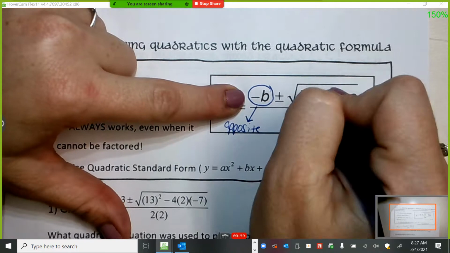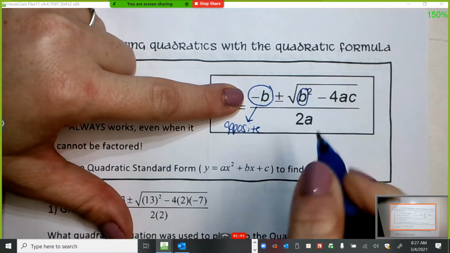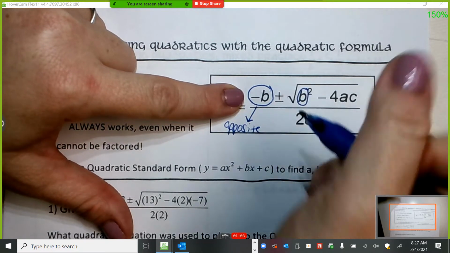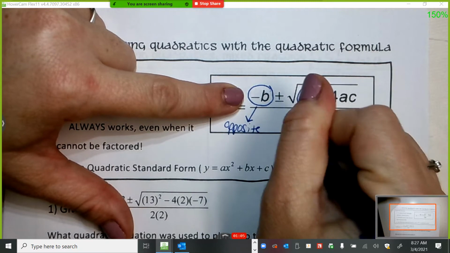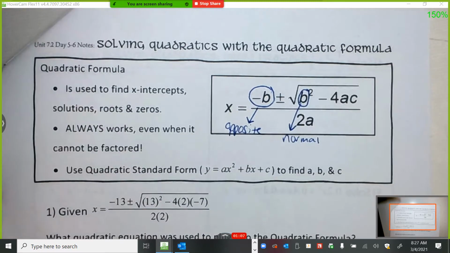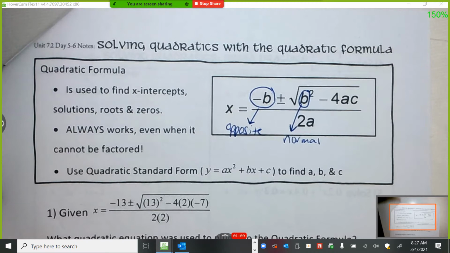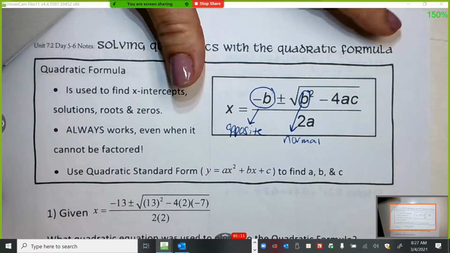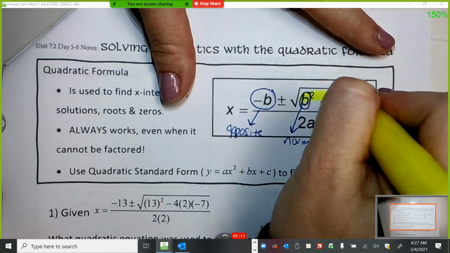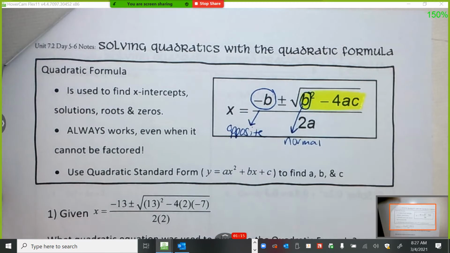Now this b, if the inside of this is not simplified already, is normal. Also, your key to simplifying these is to simplify what's under the house first.